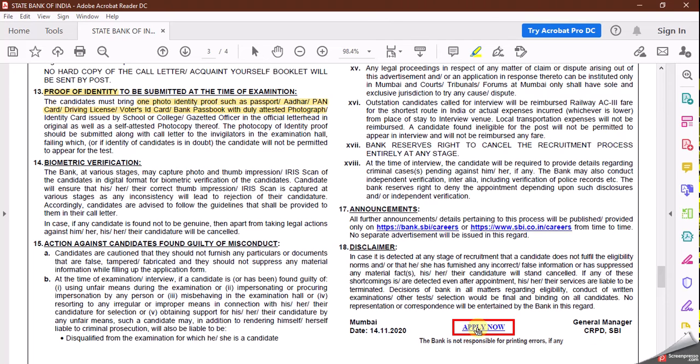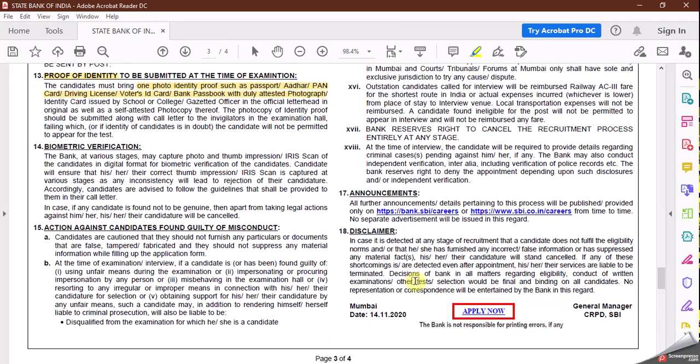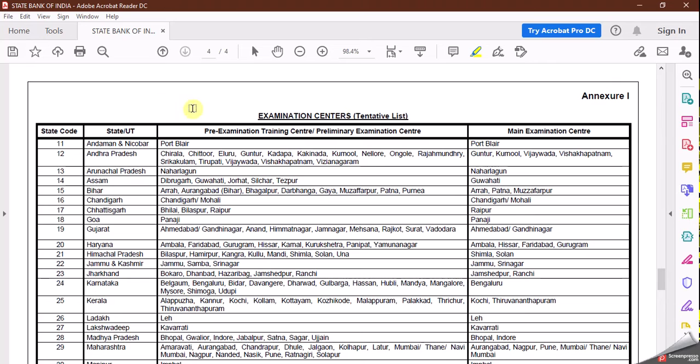Here at the bottom they have given the link, on the first page itself also they have given the same link. Once you click on this link, apply now, you will be redirected to the page where you can apply.